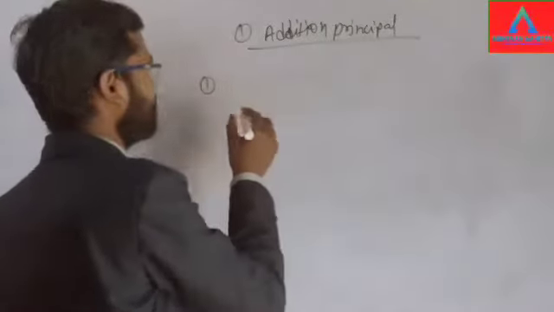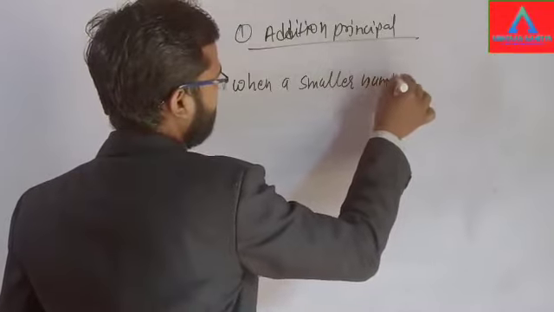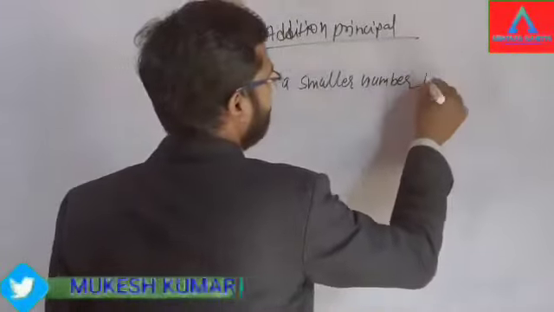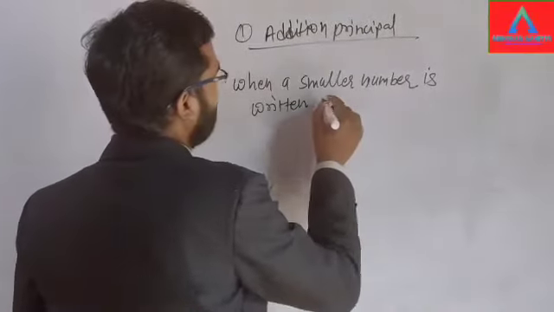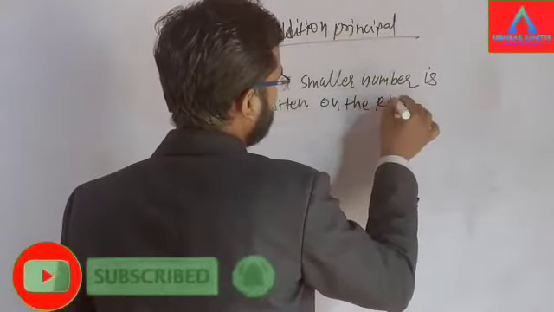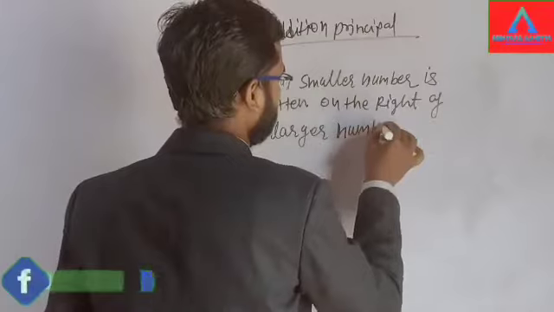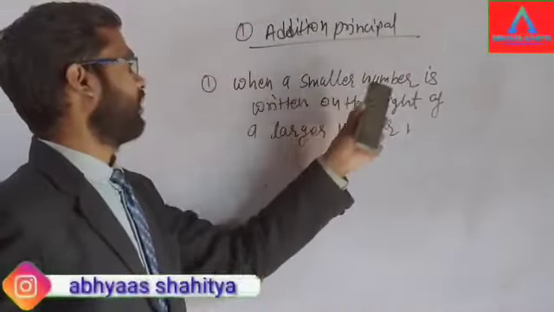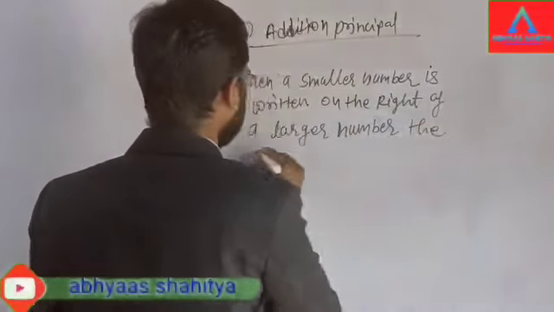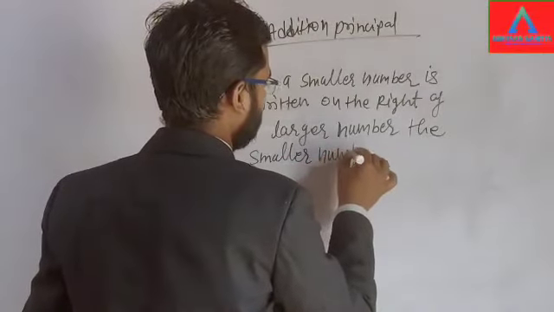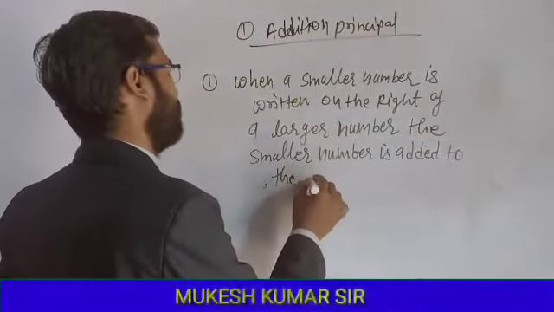When a smaller number is written on the right of a larger number, the smaller number is added to the larger number.